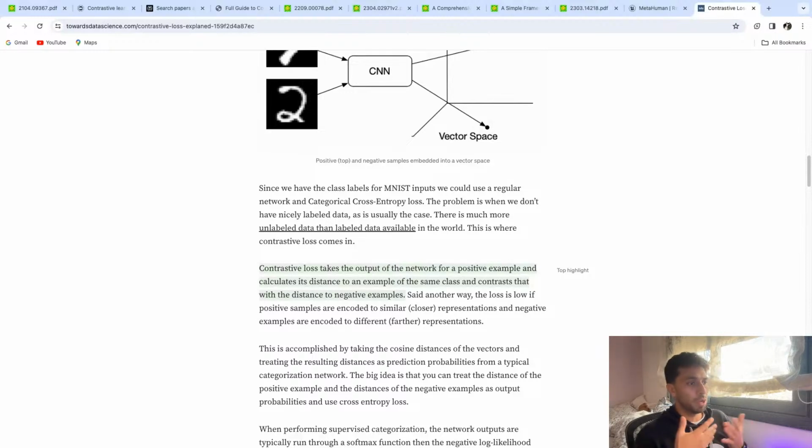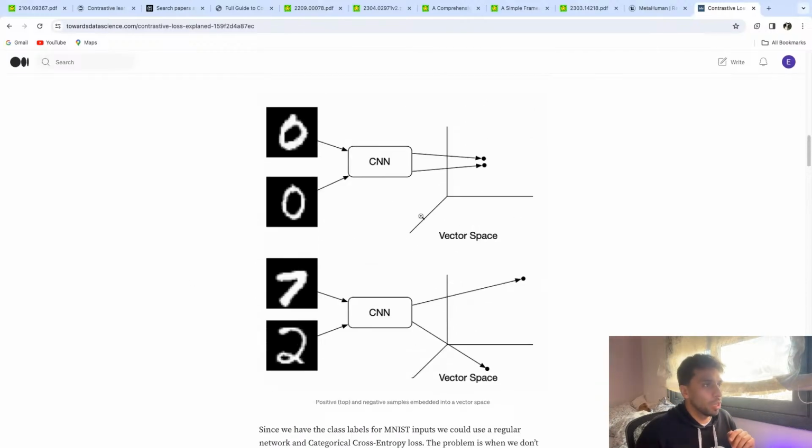In the representation space, if the example is negative, the encoding is going to be farther. In this example, this is a positive sample because they have a similar representation in the space, but these have a different representation in the space. That is why they are farther.